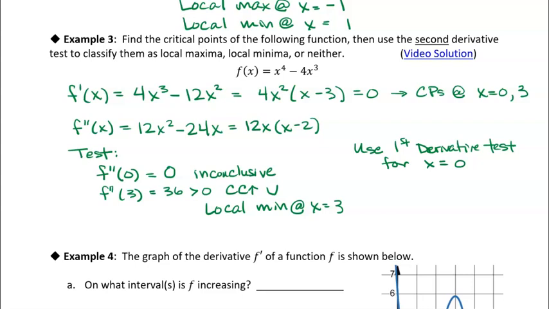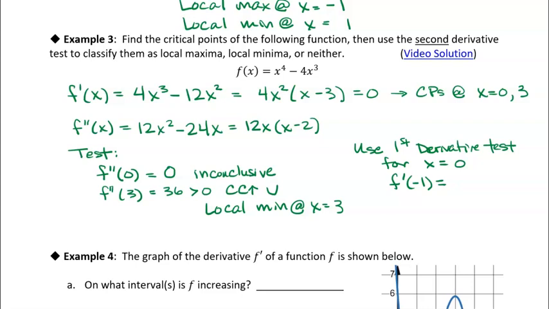So let's look at the first derivative at something less than 0. So let's just try a -1. And if we put -1 into the first derivative, now we're going back to the first derivative because we couldn't tell anything from the second derivative test.